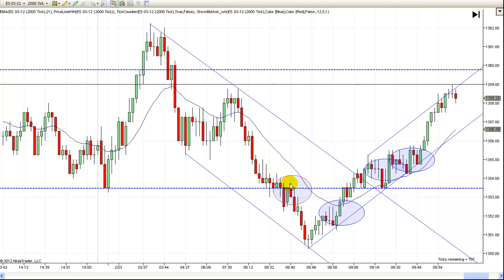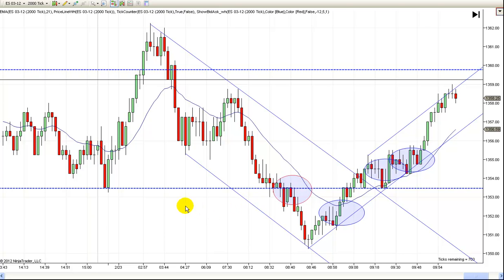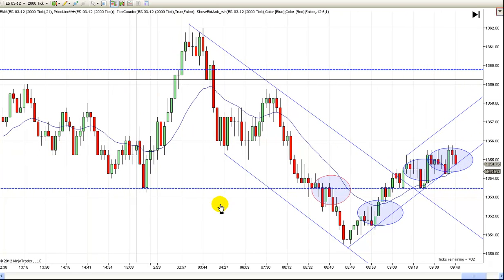I can see that. And that could fool anybody, even a good price action trader. But what you've got to realize is that we never know what's going to happen when prices get to an area like this. But there are some clues that can usually help you. Let me show you what I'm talking about.